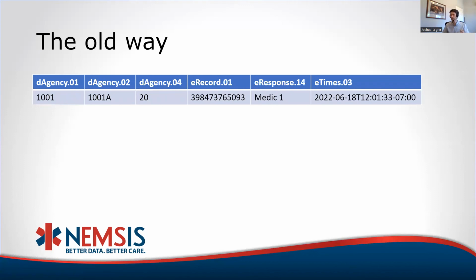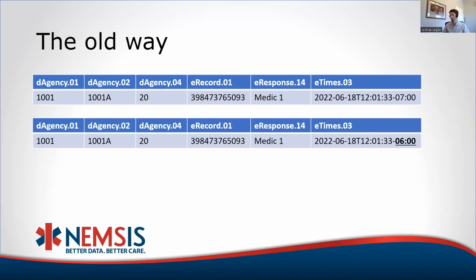An agency might submit this record here, and then resubmit this record later, and all they had done was correct their time zone. In fact, it was just daylight saving time. They forgot to indicate that they were in daylight saving time, so they resubmit the same record with a corrected time zone on the end of eTimes.03.